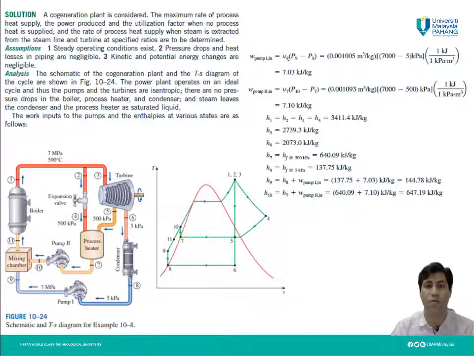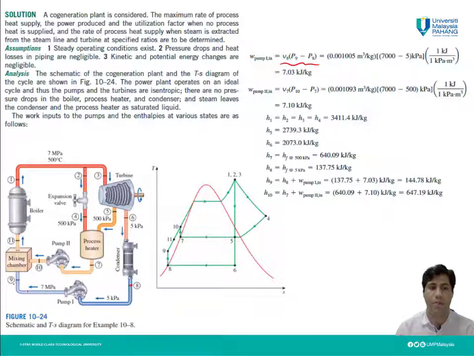The specific volume of the working fluid to the pump times the pressure difference before and after the pump will give us the work which is given to the pump. So W pump 1 in is v8, the specific volume of the working fluid to the pump, times the pressure after and before.